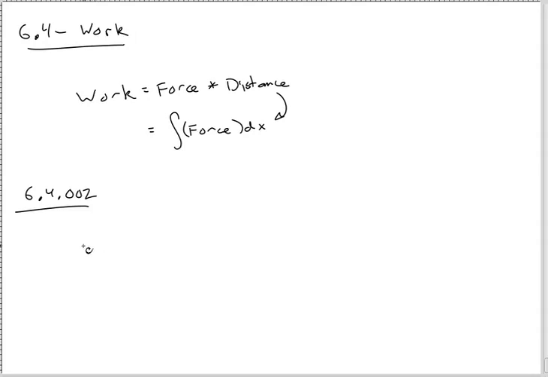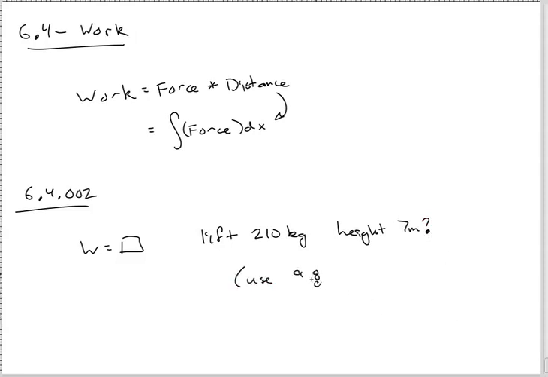It says, find the work done to lift a 210 kilogram object a height of 7 meters. And they say use the 9.8 meters per second squared for gravity.